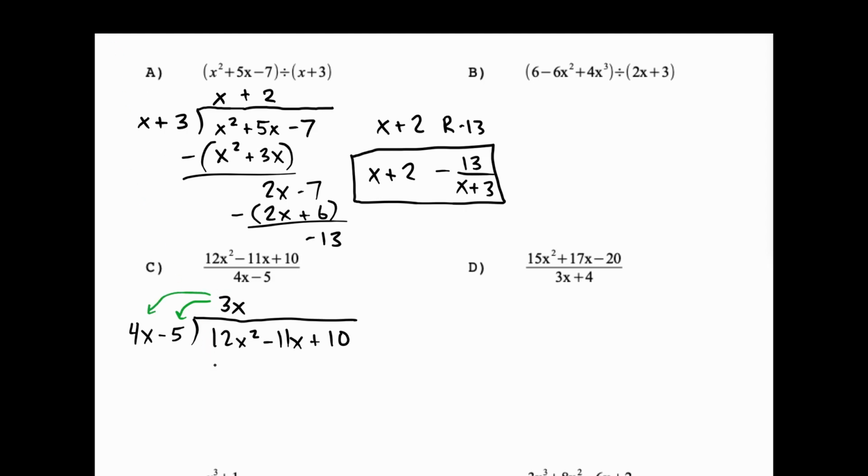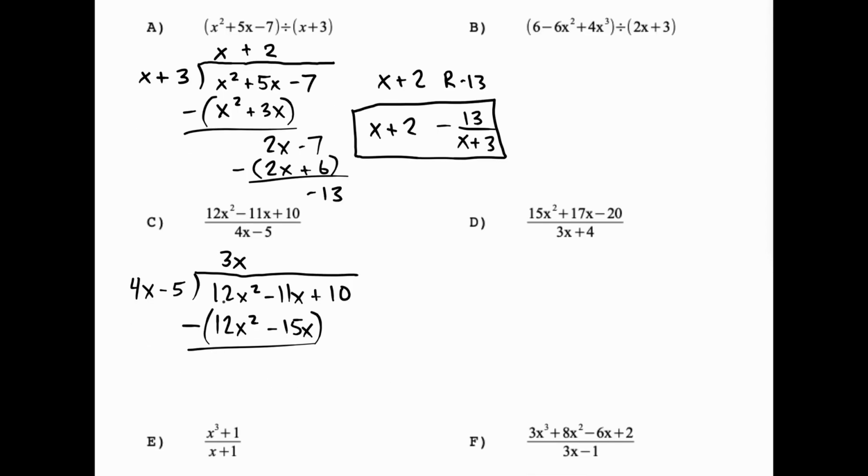So then you multiply, you get 12x squared minus 15x. You do want to put parentheses around that and then subtract it though. Alright, so 12x squared cancels. Notice here that we've created a double negative. You have to distribute that negative to both.